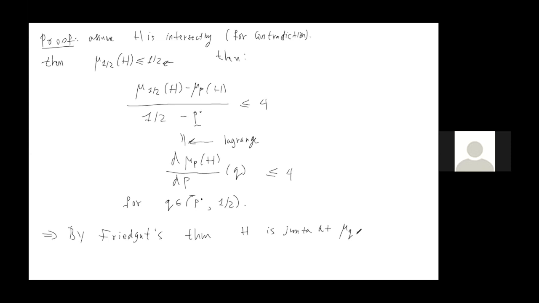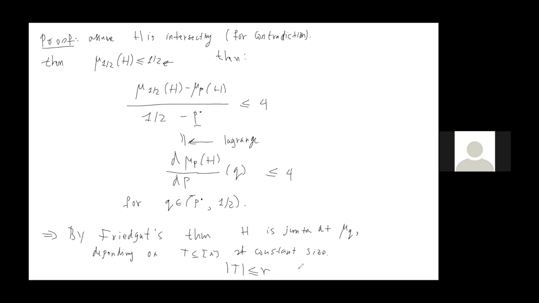Let's do it a bit informally. I don't want to get into this closeness to a junta, so let's just say that it is a junta itself. So it depends on a set of variables S, and the only thing that I'll care about the size of S is that it will be less than R.